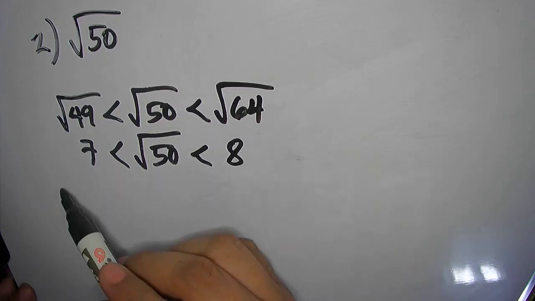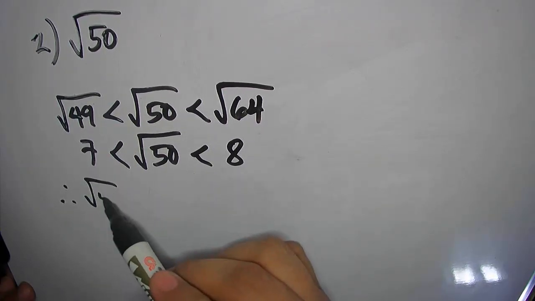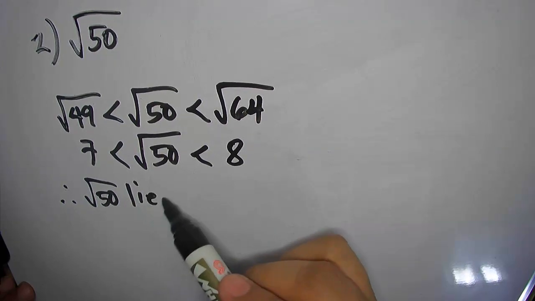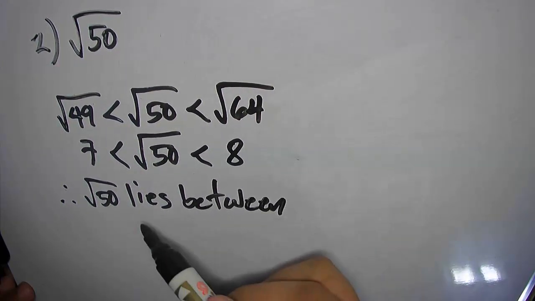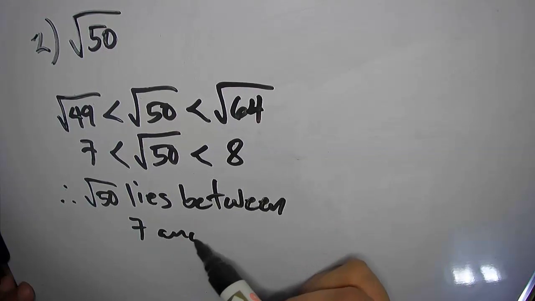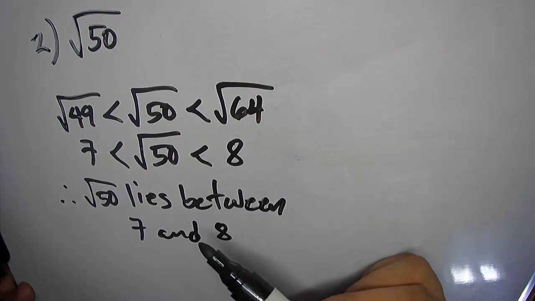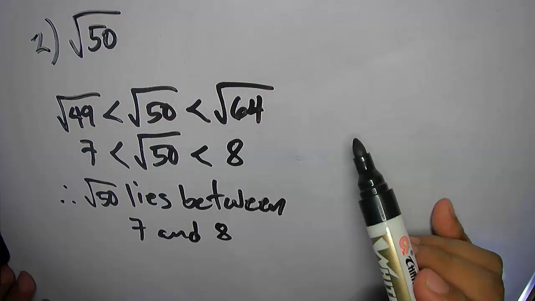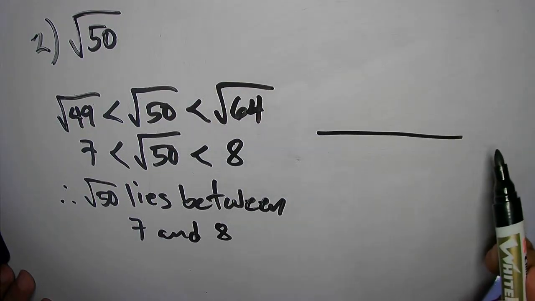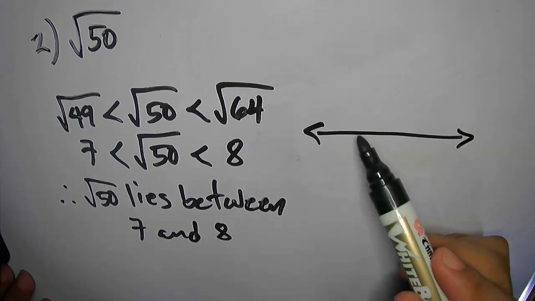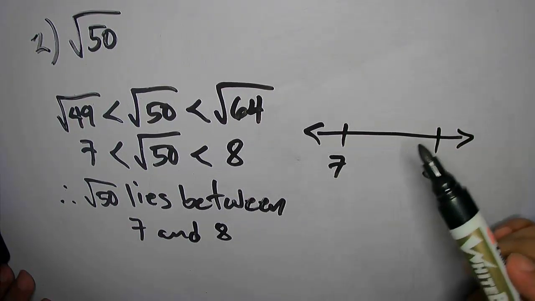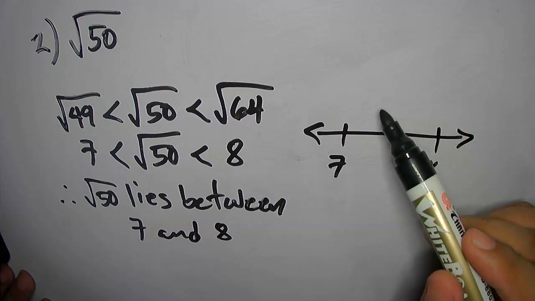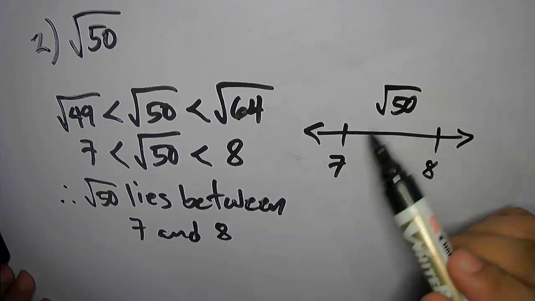That's where we find it. With respect to our number line, here is 7, then 8, so it is between them. The square root of 50 is somewhere around here.